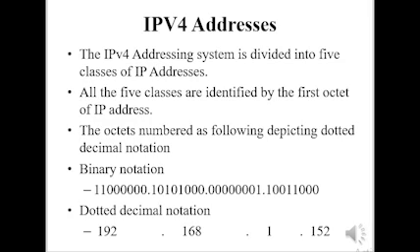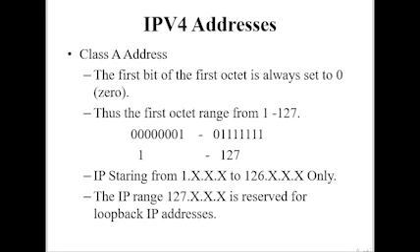The binary notation 11000000.10101000.00000001.10011000 has the decimal notation 192.168.1.152. We have several classes. The first is the Class A address. The first bit of the first octet is always set to 0. The first octet range for Class A is 1 to 127.